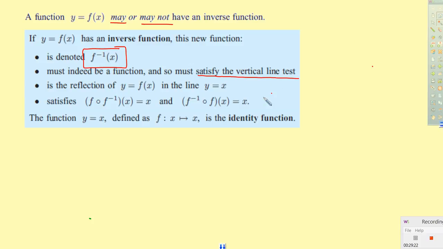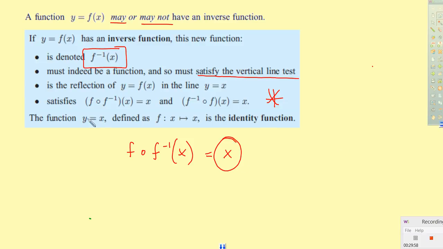And the other important thing, this is the most important thing, is that when I perform the composite function of f and f inverse, my answer would always have to equal x. So if I am determining that something has an inverse function, then that means that if I do f of f inverse, or if I do f inverse of f, my answer coming out of that should always be x.